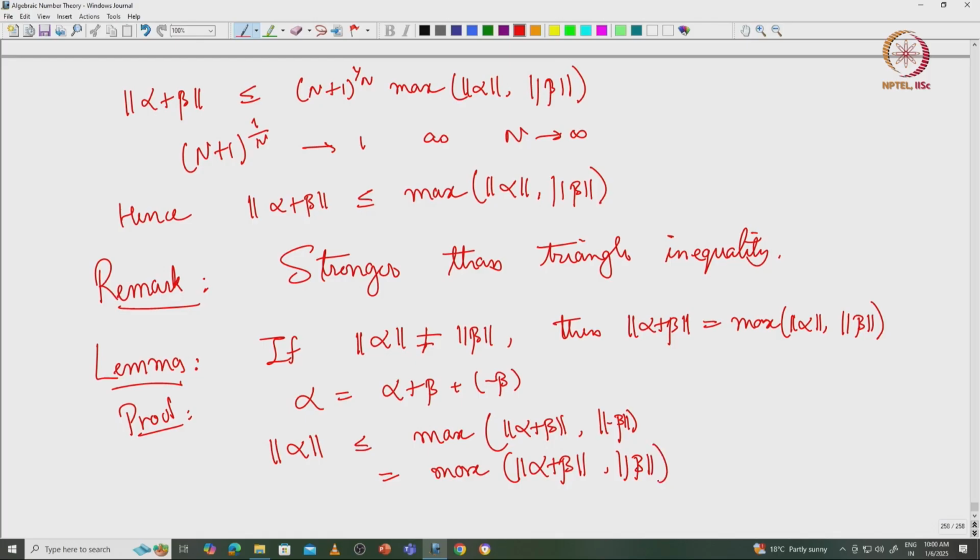And this on the other hand is less than or equal to max of valuation of alpha, valuation of beta.